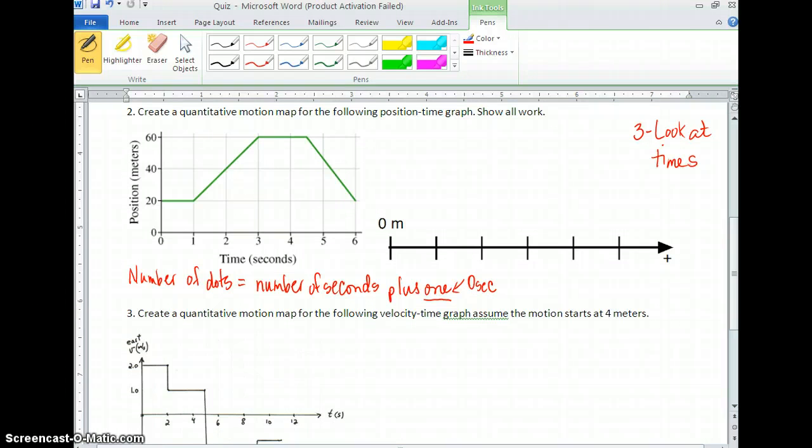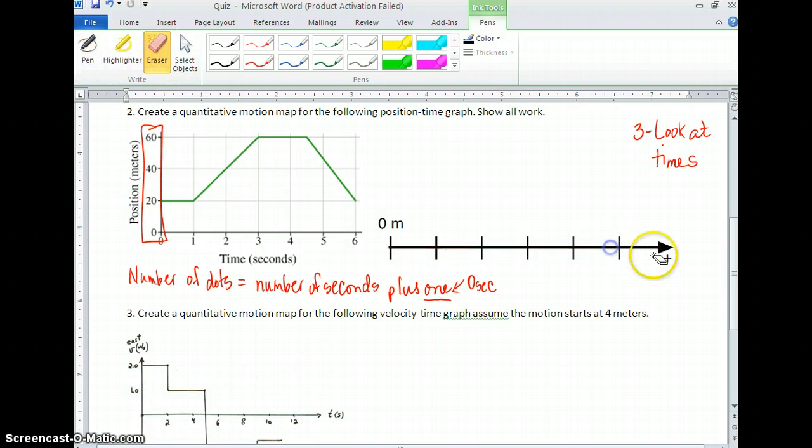So your number of dots for this one, if we look, there are 6 seconds. We should have a total of 7 dots. So in this case, we're going to have 7 dots for this particular motion map. The next thing with our motion map is this line here with the arrow is the same exact thing as our position on the side.